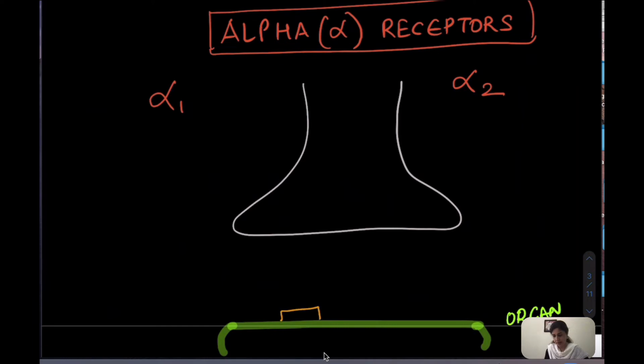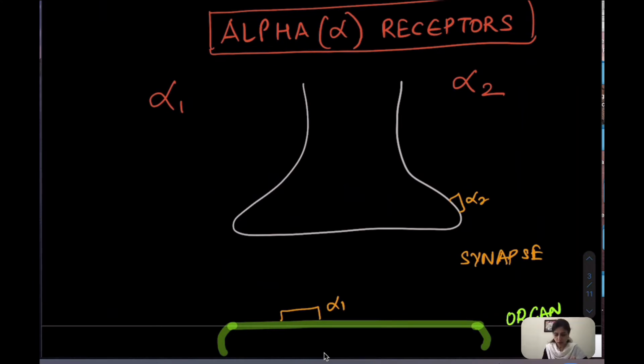This is the synapse, so this is postsynaptic, on the effector organ, whatever organ is there. While the alpha 2 receptors are present on this neuron, the neuron which is supplying the particular organ.